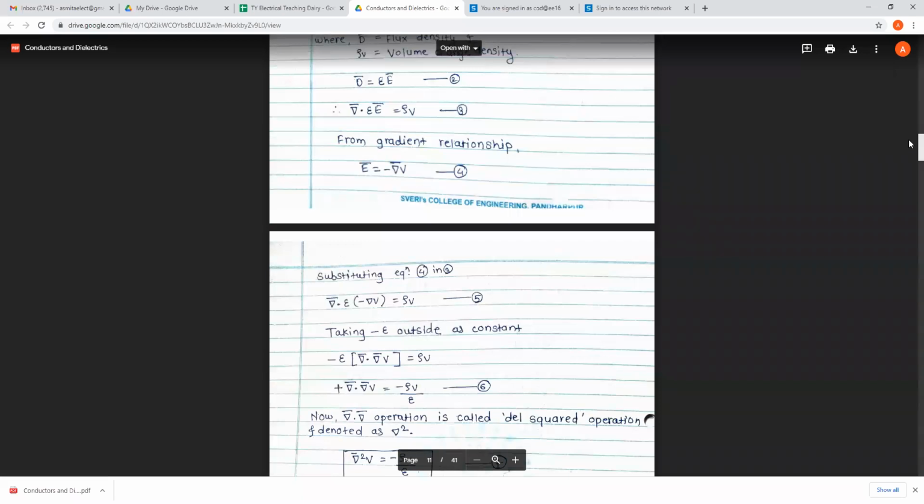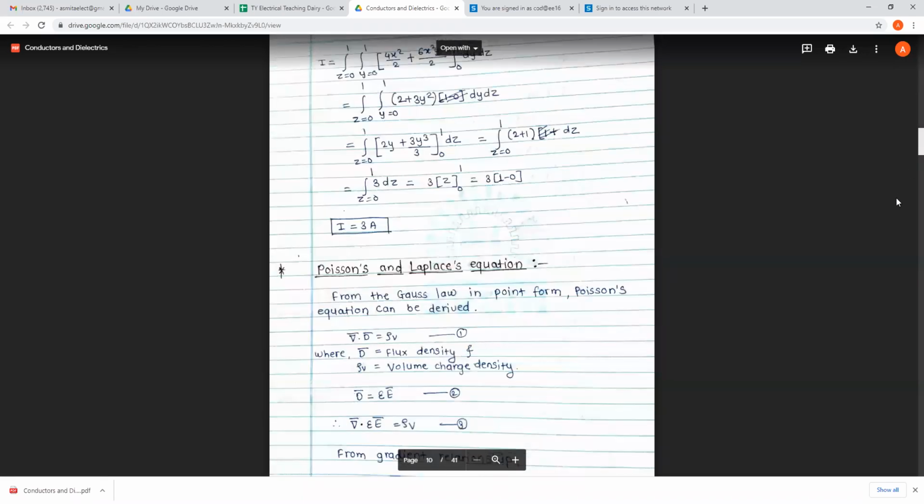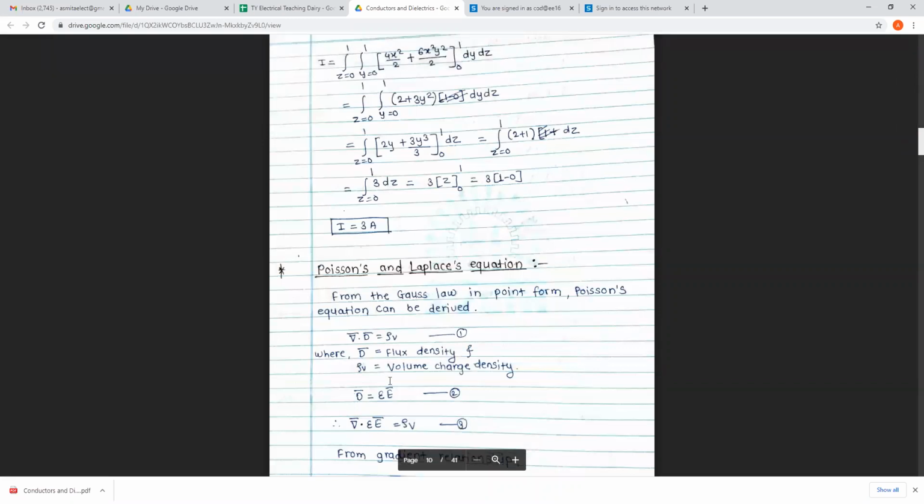Now you can find the difference here: for free space we use epsilon 0, because epsilon r is equal to 1. But here d bar is equal to epsilon into e bar, because the relative permittivity is also taken into account.